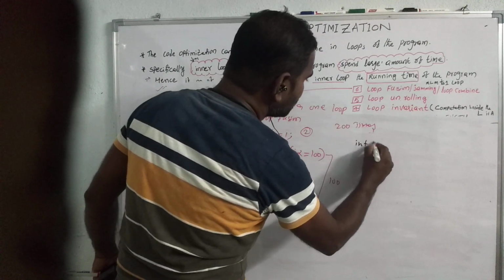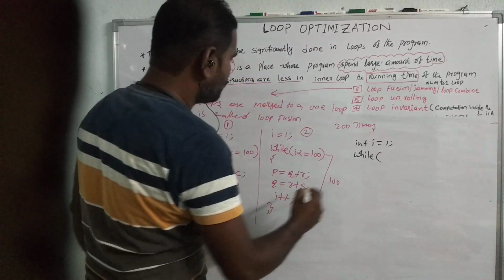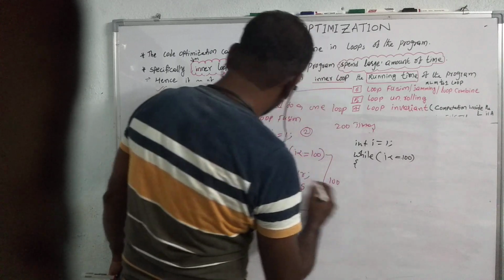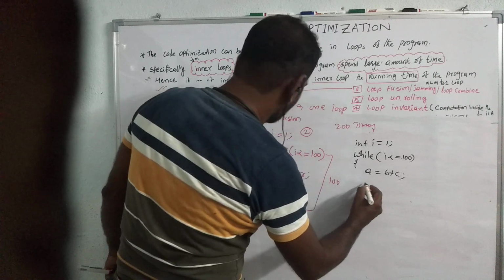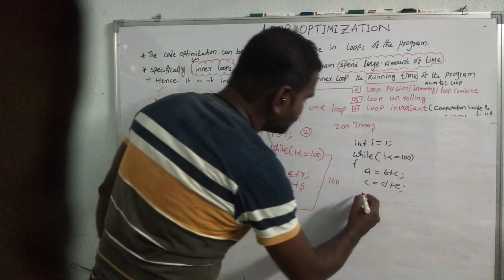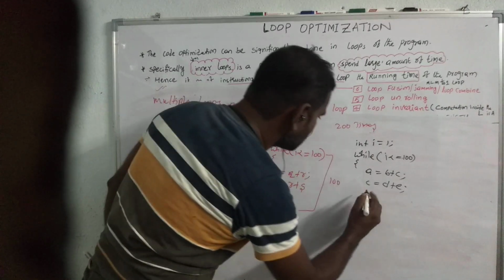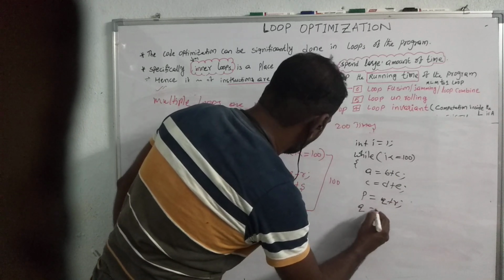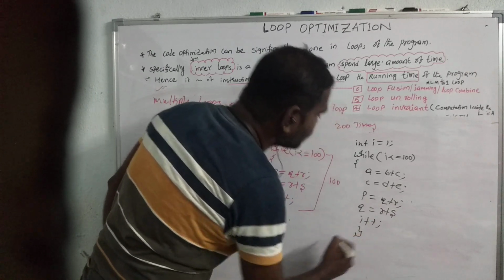Here int I is equal to 1, while loop I less than or equal to 100, then A is equal to B plus C, and C is equal to D plus E, and then I want to merge this set of statements: P is equal to Q plus R and Q is equal to R plus S, then increase the counter variable.